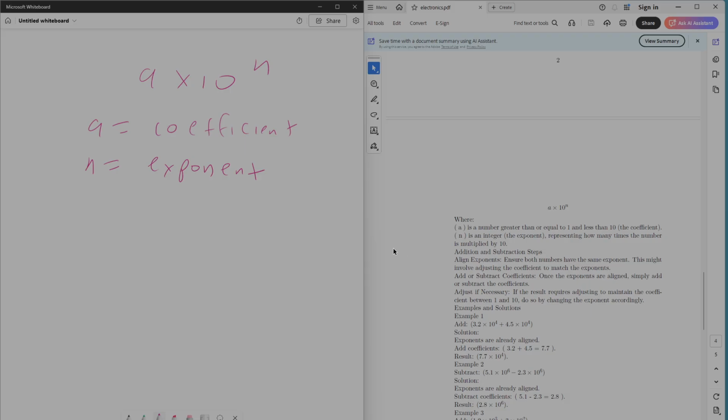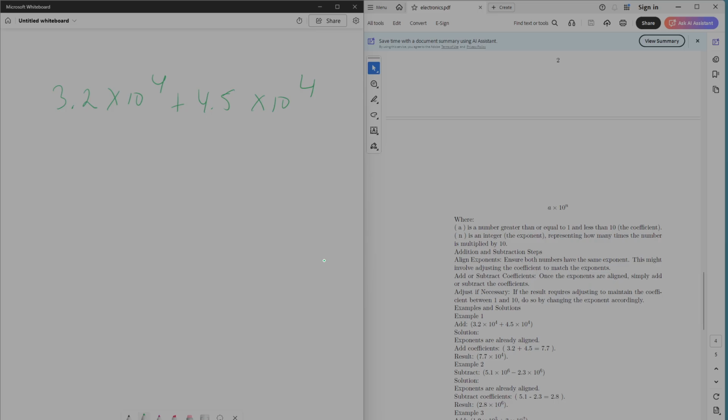Let's go through some examples. The first example is 3.2 times 10 to the 4th plus 4.5 times 10 to the 4th.